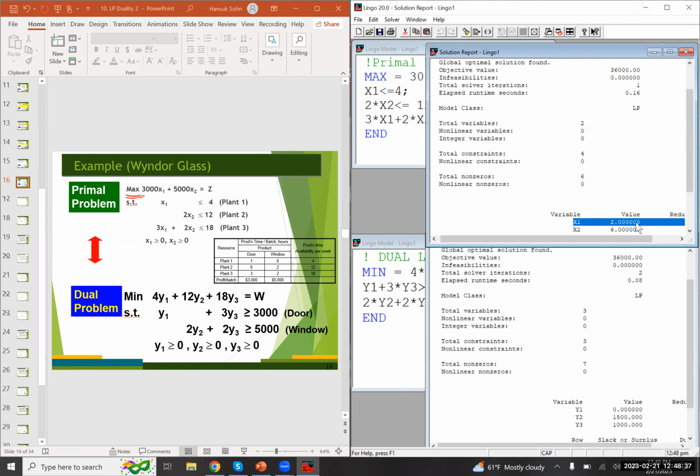So you should produce 2 doors and 6 windows, right? And with this combination, the company's weekly profit could be maximized to how much? $36,000.